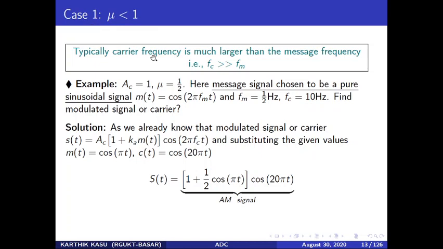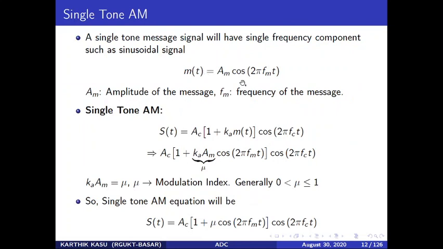Now before that, carrier frequency is much larger than the message frequency. In any modulation scheme, or for that matter in any communication, the carrier frequency fc must be more than the message frequency fm.